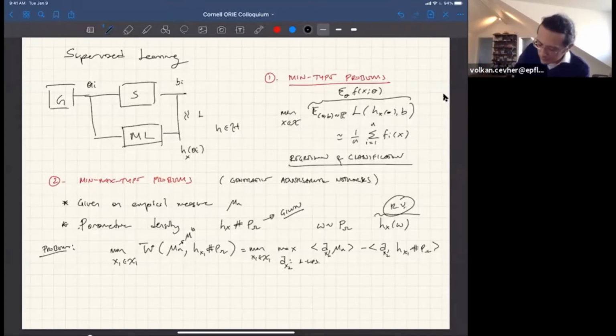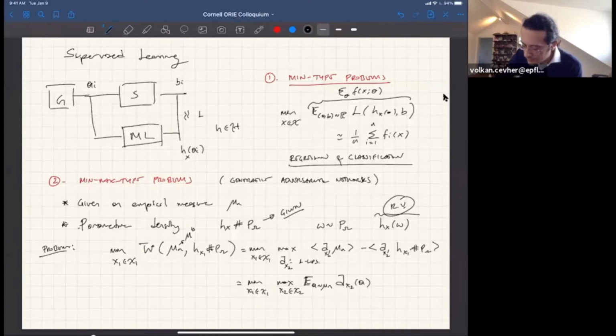And what we're going to do is write the following min-max problem, such that, the expectation, this is interesting, the data comes from the data distribution, d_x2 of a, minus the expectation, omega comes from p_omega, d_x2 of h_x1 of omega.